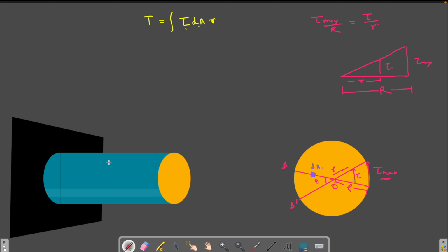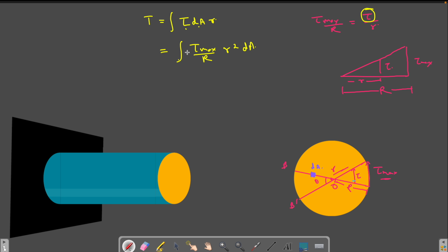Now in place of tau we are replacing it by tau max by R into small r, right? So torsion we can write it as tau max by capital R into small r square into dA.